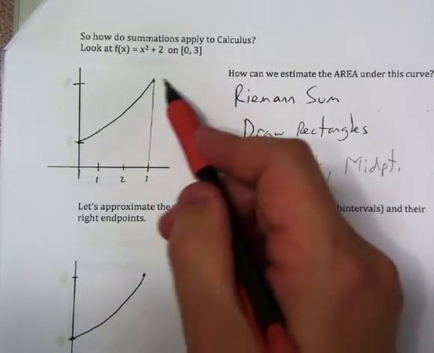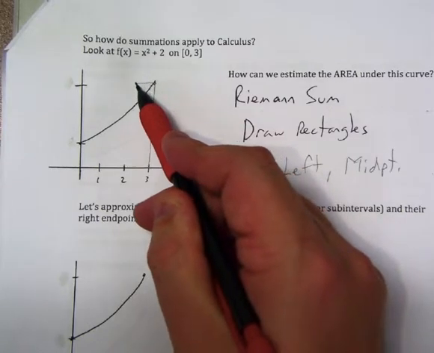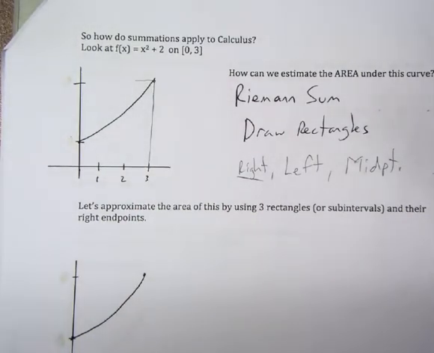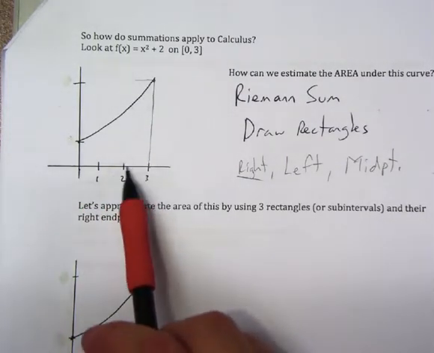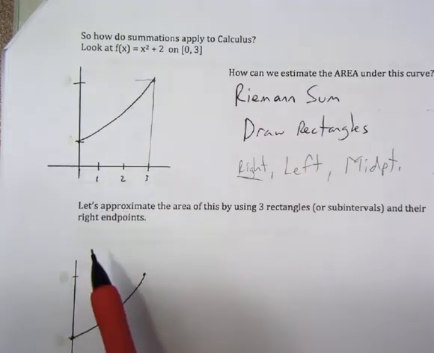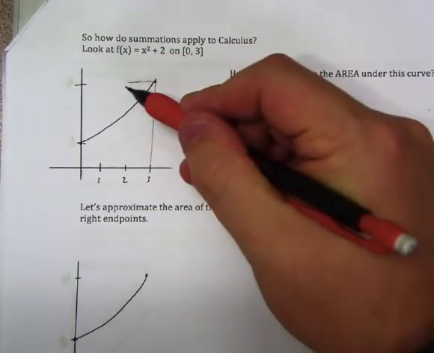And now I'm going to go over a certain distance. Well, the distance I go over depends upon how many rectangles I'm going to draw. So let's say this problem said draw 3 rectangles over this interval. I want 3 different rectangles. Well, if that's the case, then each of my rectangles is going to be a width of 1. So I'm going to draw over until I go over 1 unit, and then I go down.